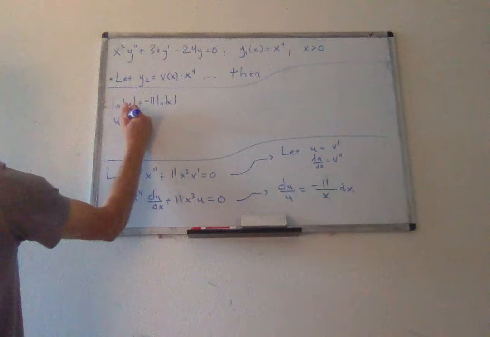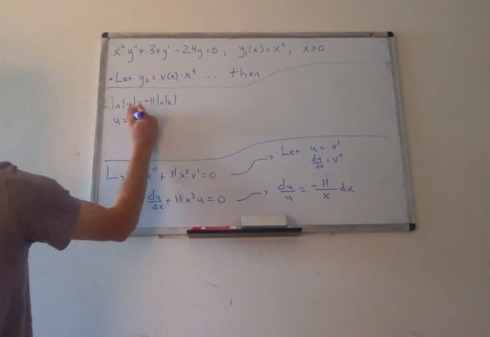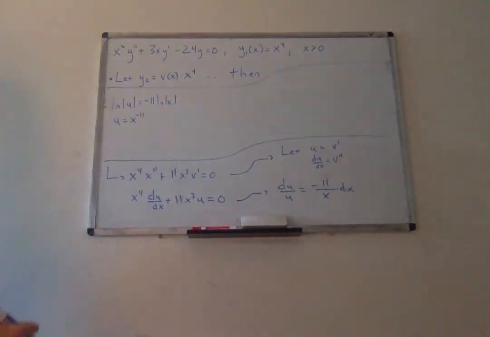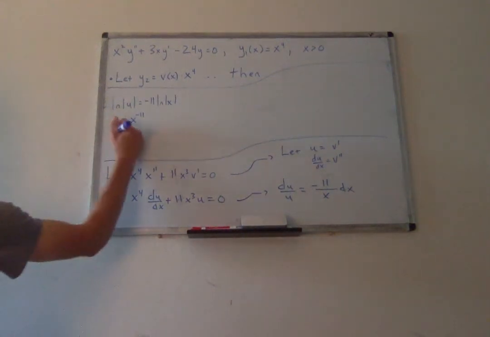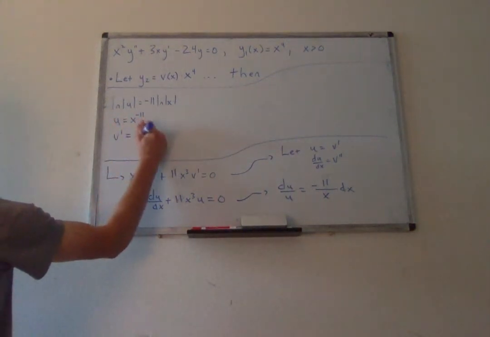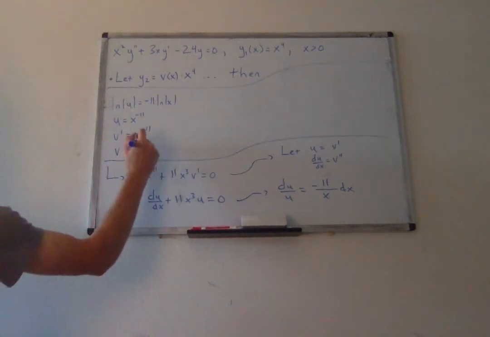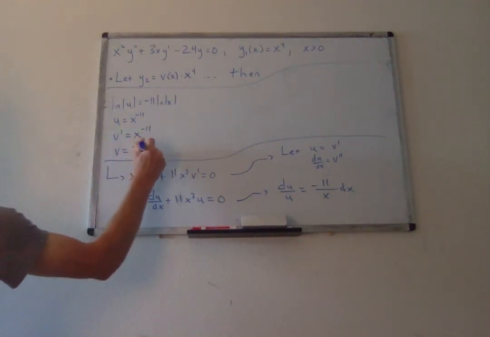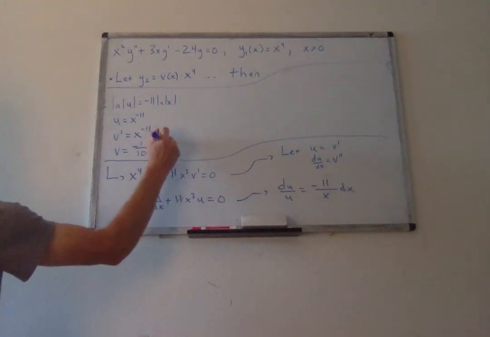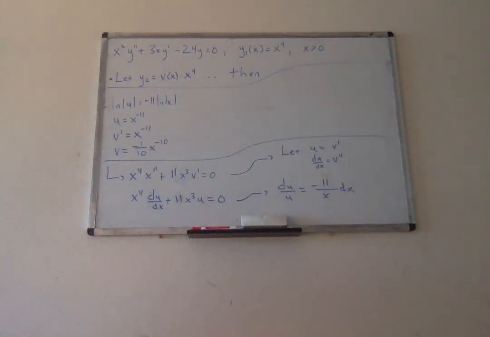So this implies that u is equal to x to the negative 11. Remember, though, u was equal to v prime, which is x to the negative 11. And so v would be negative 1/10 x to the negative 10.